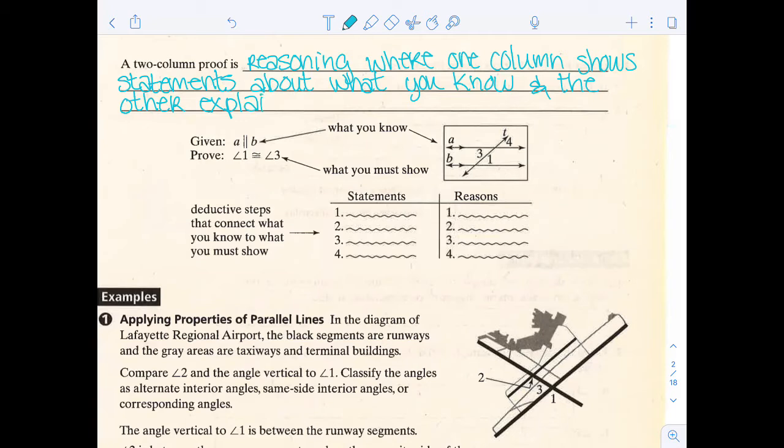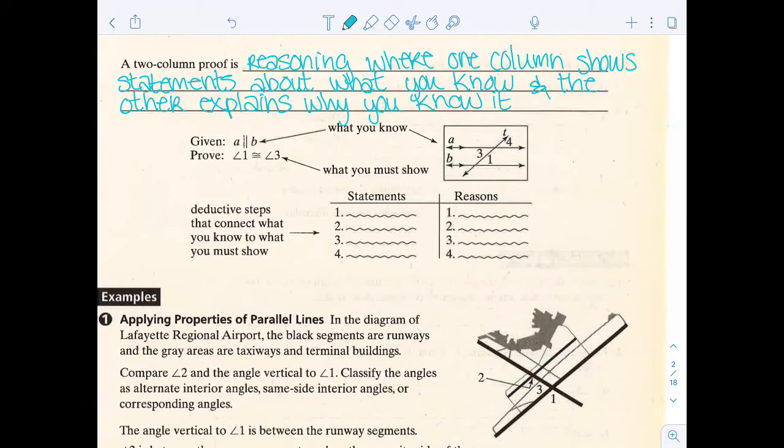It tells us why you know those things. So that would be like backing yourself up with theorems and postulates and things like that.